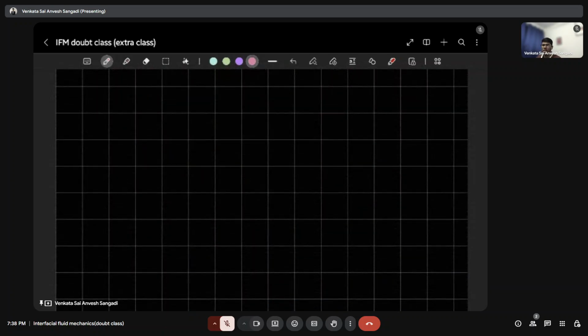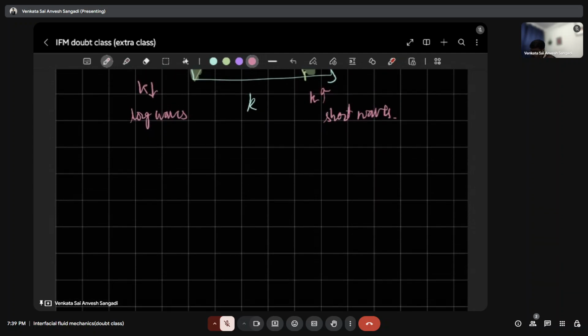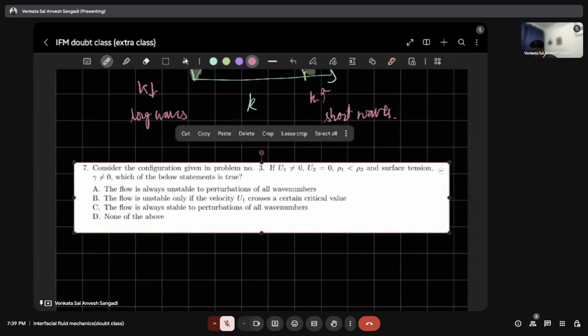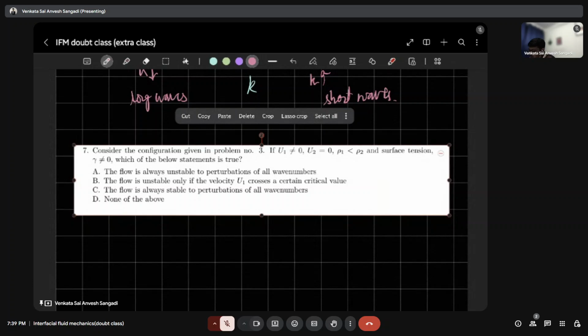So let's look at the next question. The next question says, consider the configuration given in problem 3.